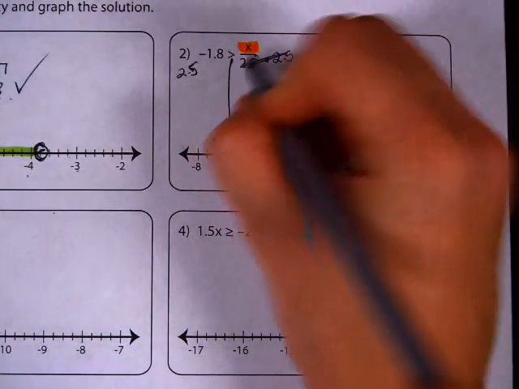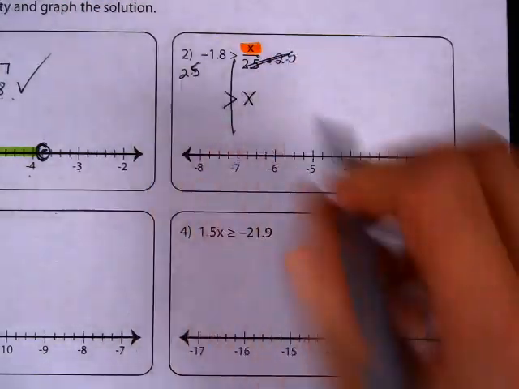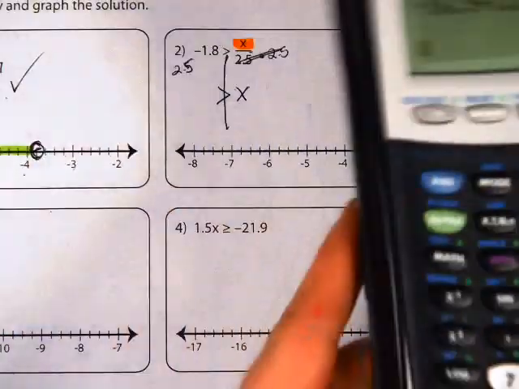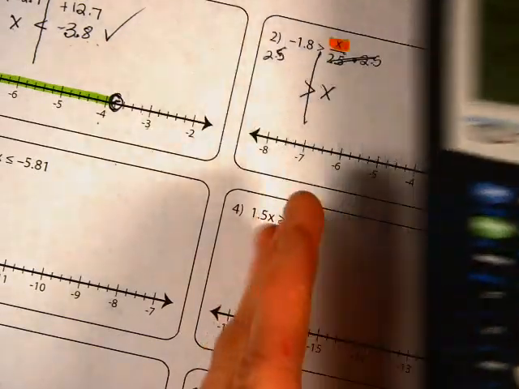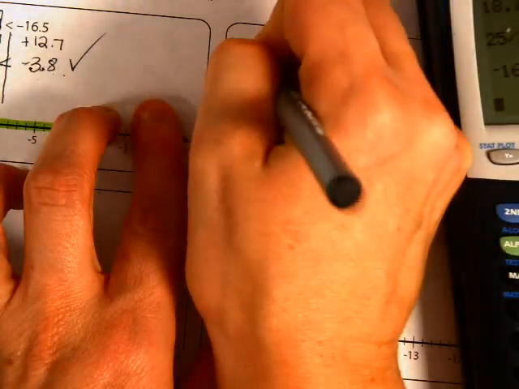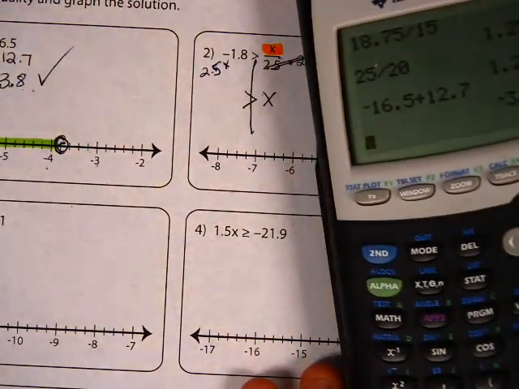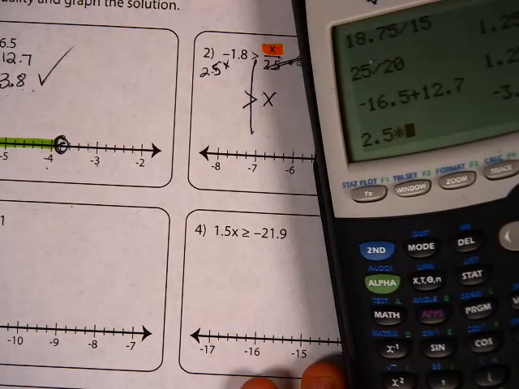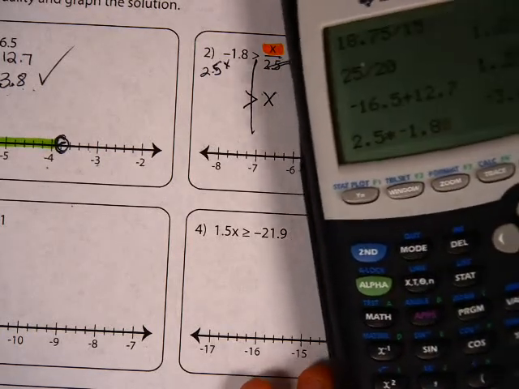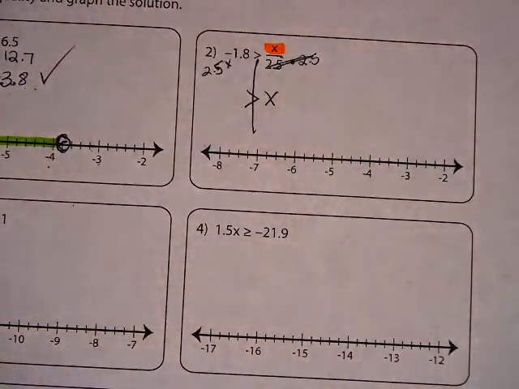This cancels out, and I'm left with just x, my inequality sign, and there's multiplication between there. You can't really see it. I messed up. You can't really see it. Okay. So it is 2.5 times negative 1.8. And you get negative 4.5.